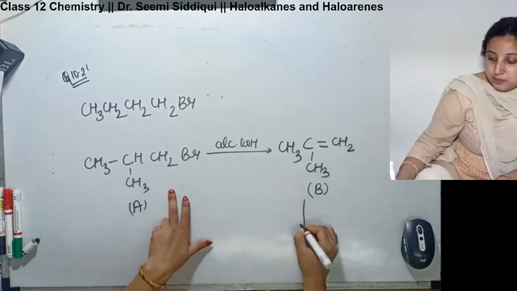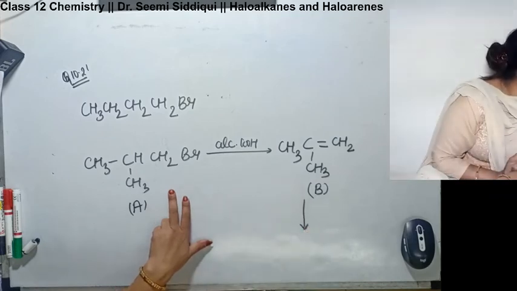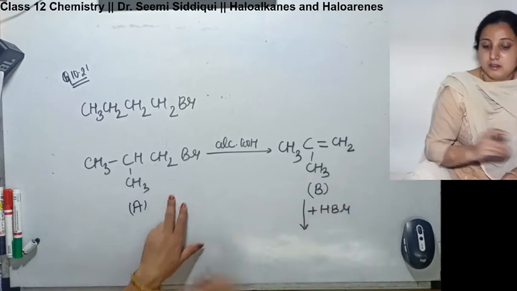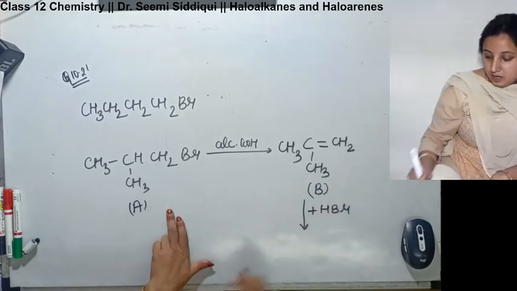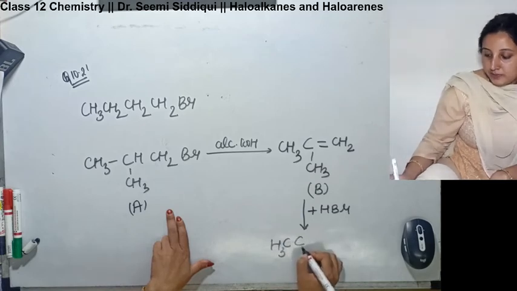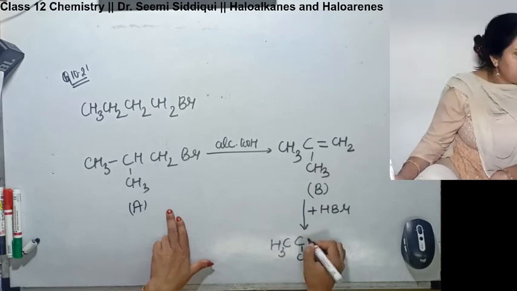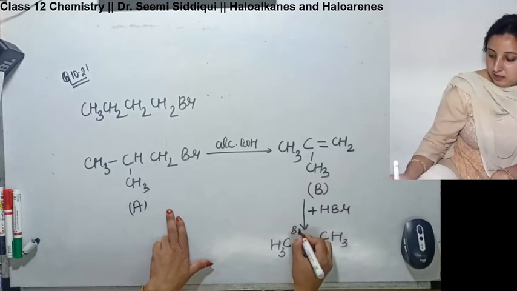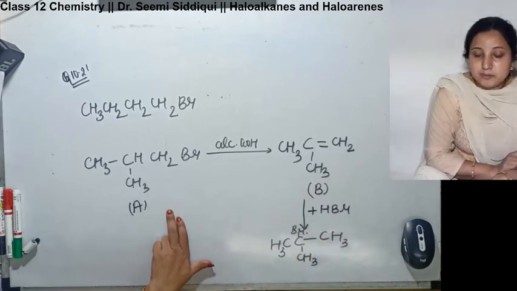Now this B is further reacted with HBr to give C. अब जब ये HBr के साथ react करेगा तो CH3CBrCH3CH3 we are going to get.